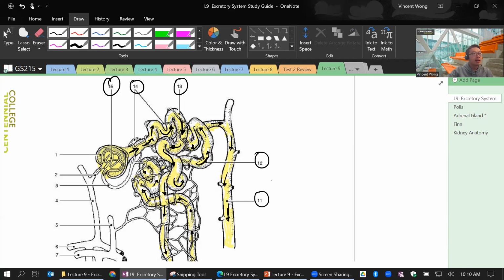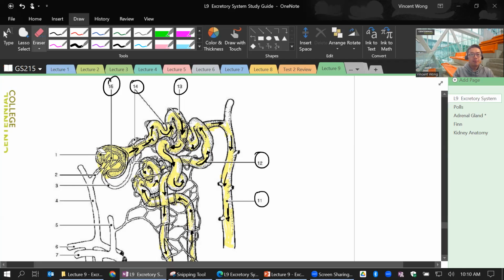Good, we have some answers coming in. Yeah, number one is Bowman's capsule. Excellent. Brill, Bowman's capsule. Shelley says 15 is glomerulus. Very good.